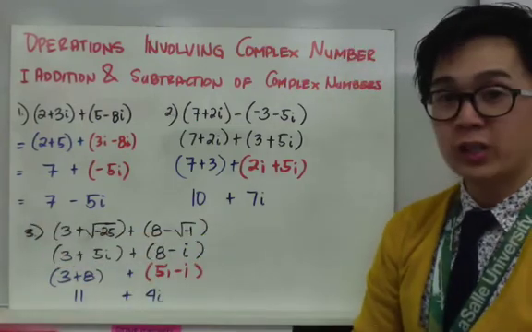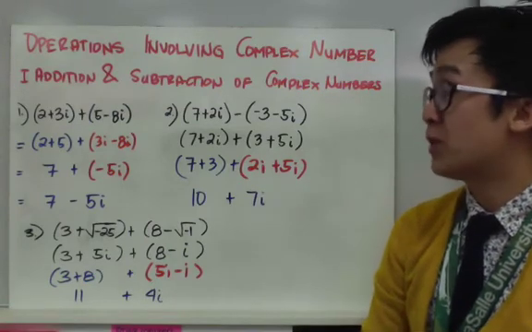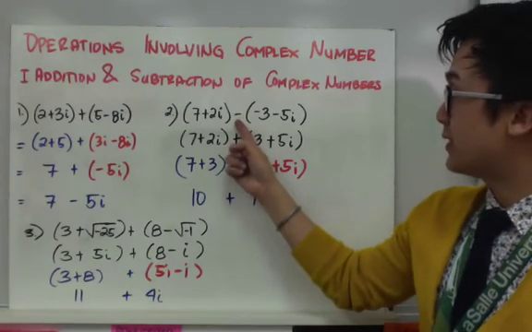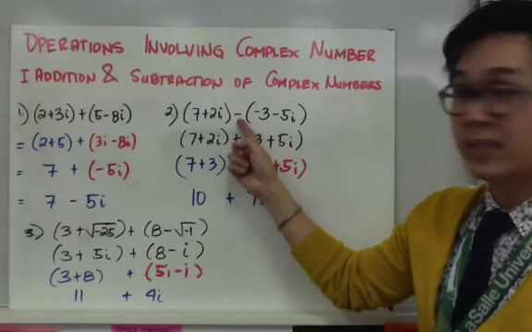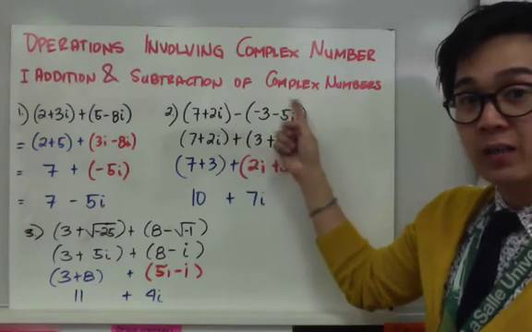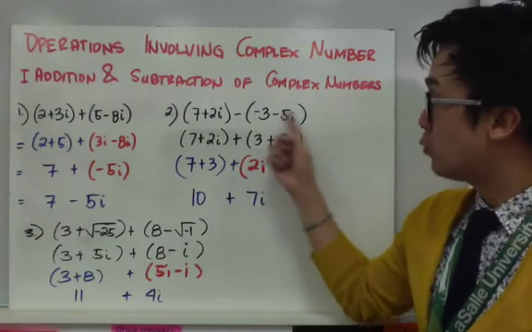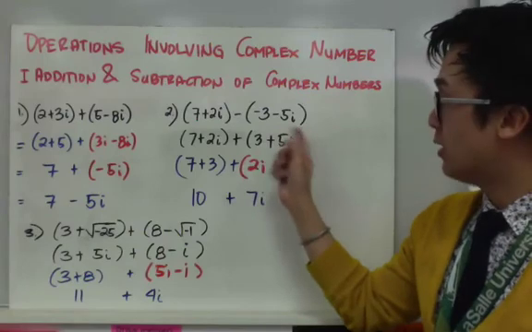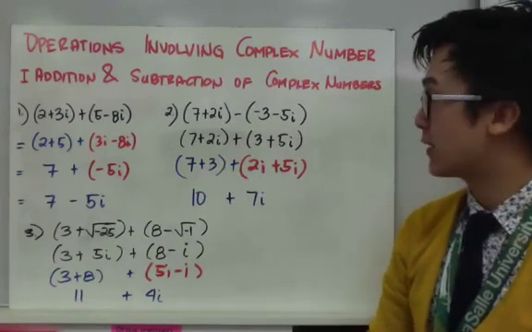And for number 2, we are subtracting. Now, the rule in subtracting is pretty much the same as addition. However, since we have a negative here as our operation, what I usually do is distribute the negative sign inside the parentheses, so I'll end up with addition. This works because it eliminates the negative number and you end up with addition. And adding is always easier than subtracting.